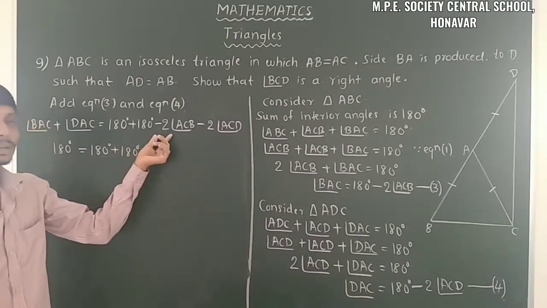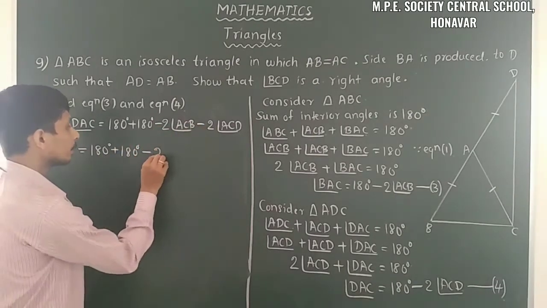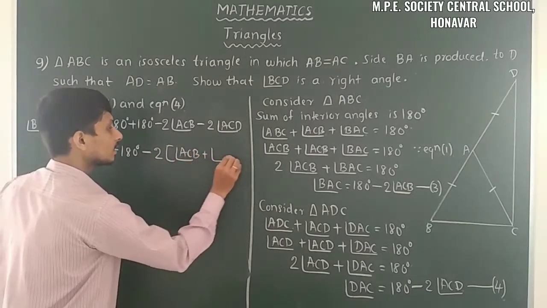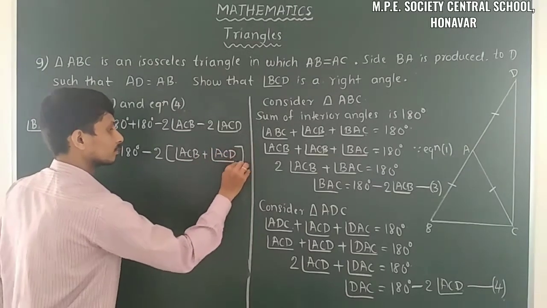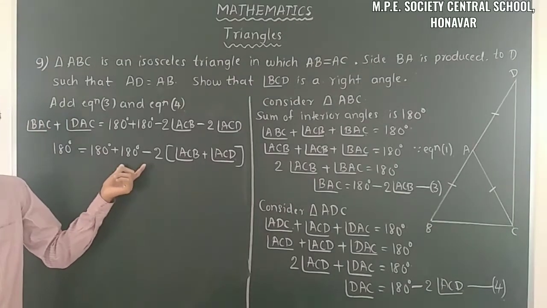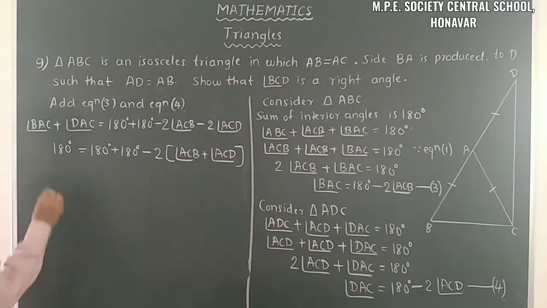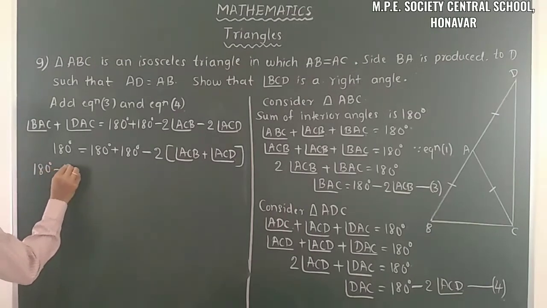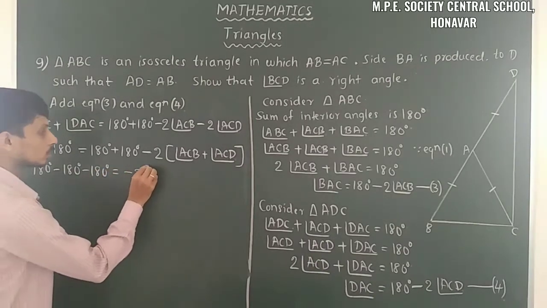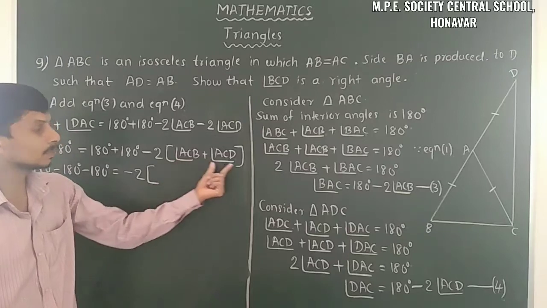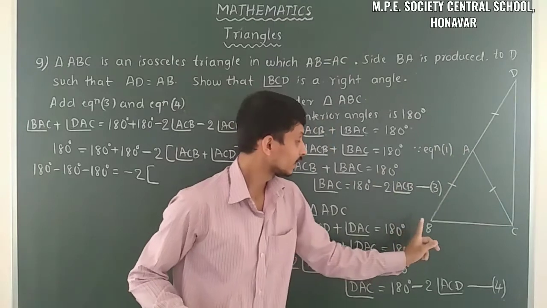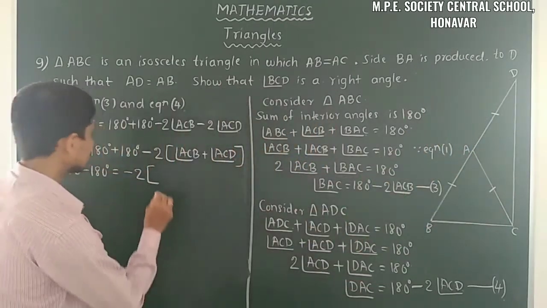Here I will take out minus 2 from both terms, and angle ACB plus angle ACD remains. I will transpose both 180 degrees to the LHS. That is 180 minus 180 minus 180 is equal to minus 2 into angle ACB plus angle ACD, which I will write as angle BCD.